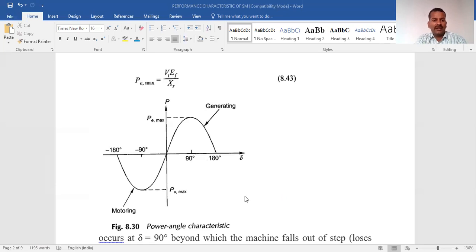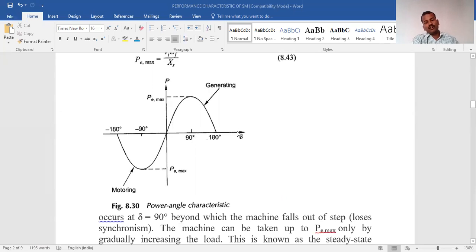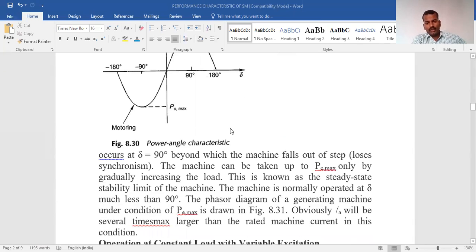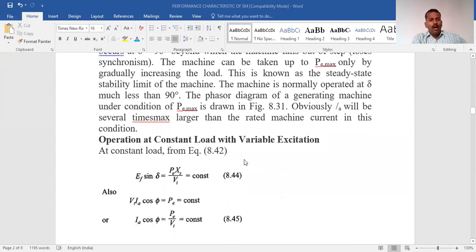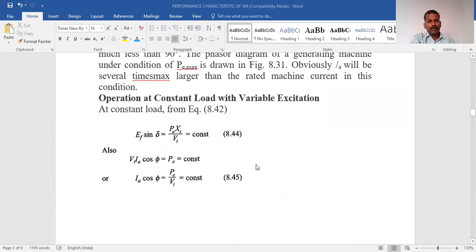It will go from generating mode to motoring mode when delta changes from positive to negative, right? You can see this from the graph. You have to keep this graph in your mind. It is very useful. Now some special considerations you have to consider here.